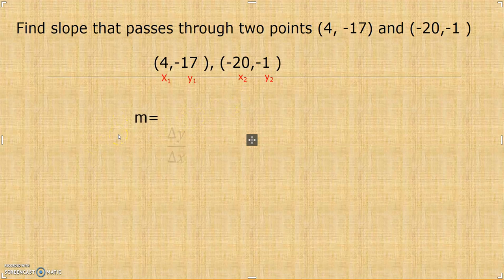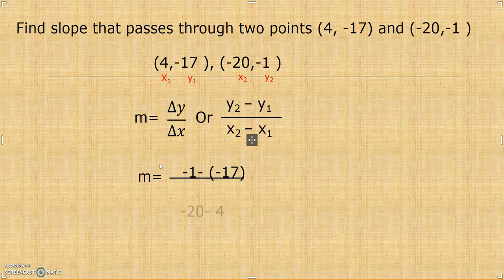We know that the formula for slope is delta y over delta x, or change in y over change in x. So let's plug in the given 2 points. So m is equal to -1 minus -17 over -20 minus 4.